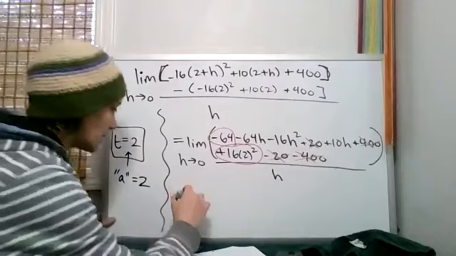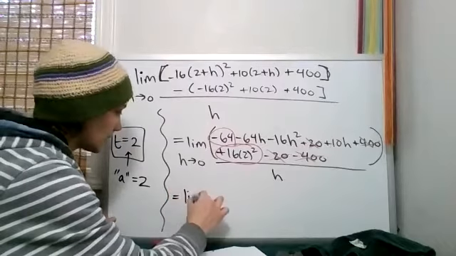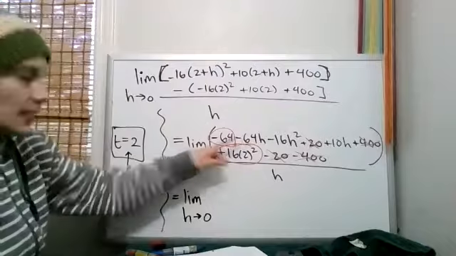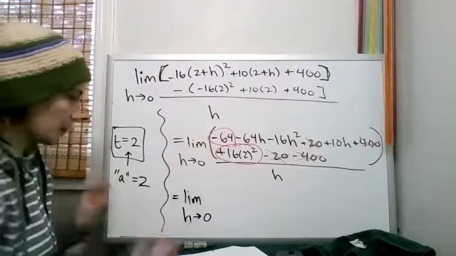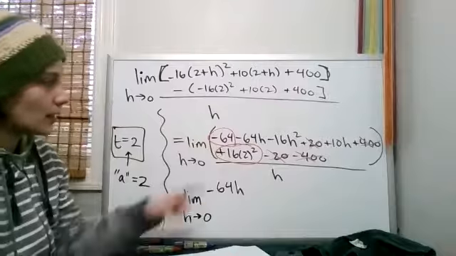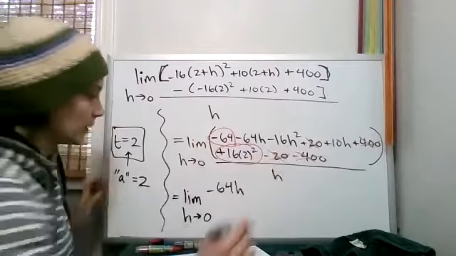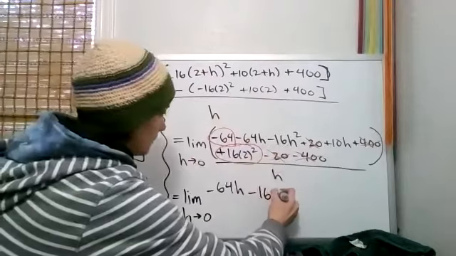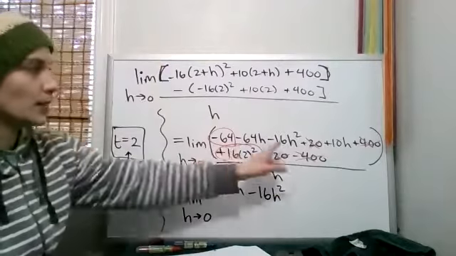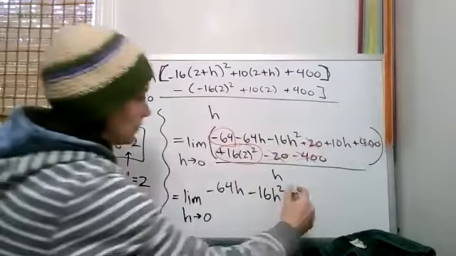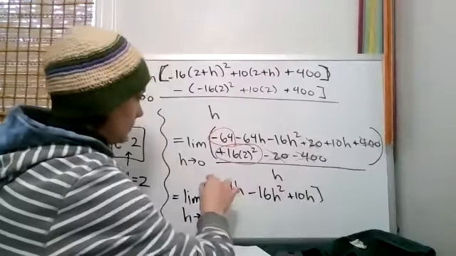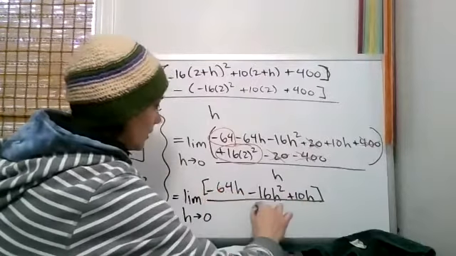So what's left is negative 64h minus 16h squared, and then plus 10h, over h.